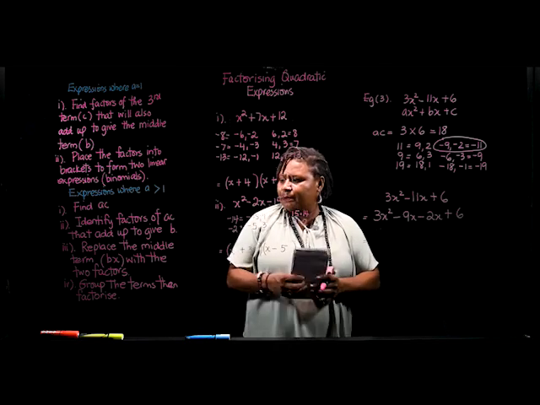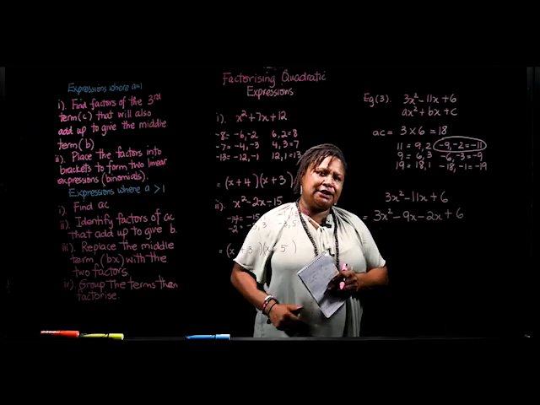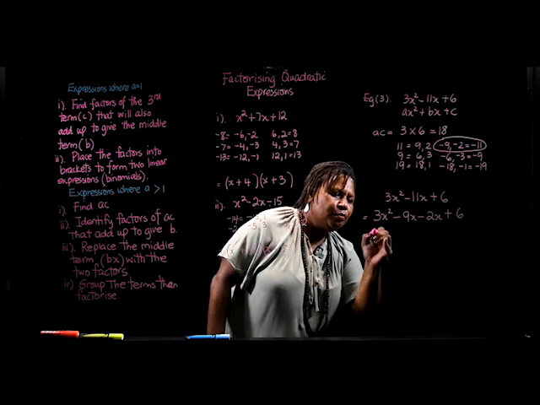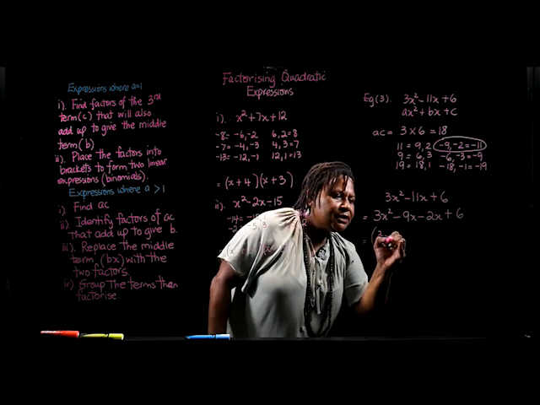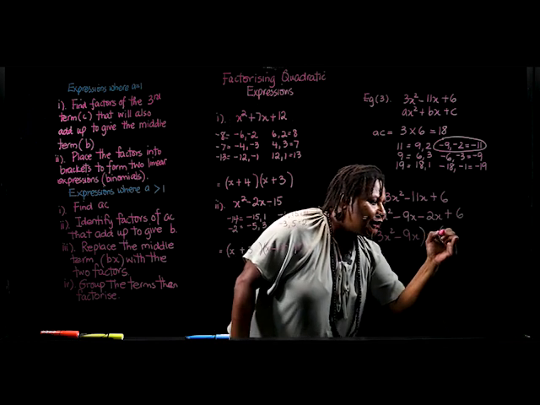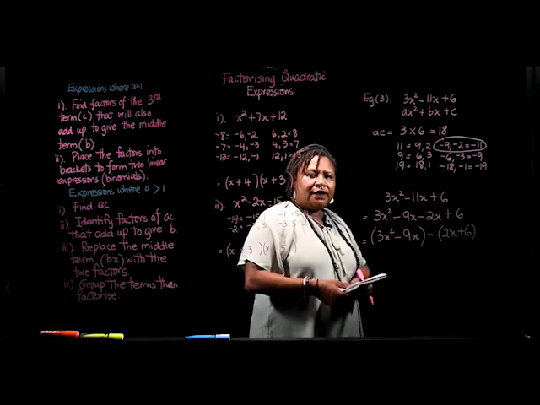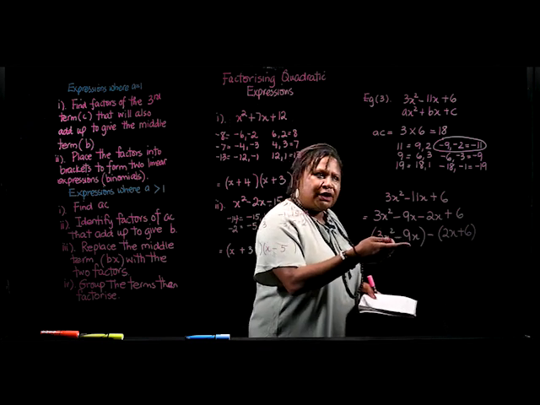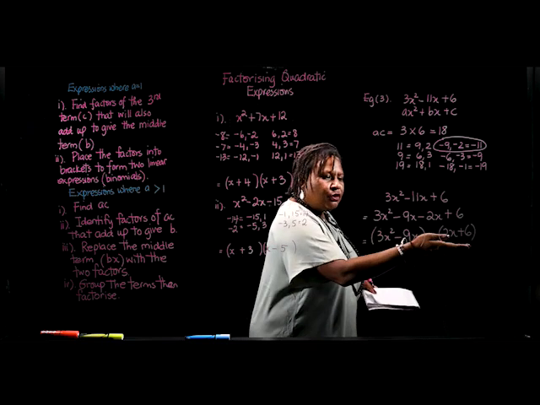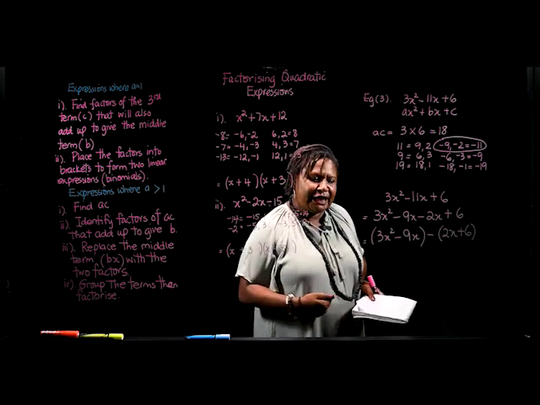Once you have done that, the fourth step here is to group the terms, all right? So we are going to make two groups by putting them into brackets. 3x squared minus 9x, minus 2x plus 6, okay? Now, rather than go straight into factorizing like we did here, now we have formed two sets of terms here, and we factorize it as if it was a linear expression.